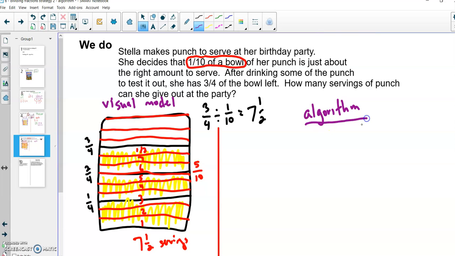So the algorithm to divide two fractions is this. I do want you to write it down this time.